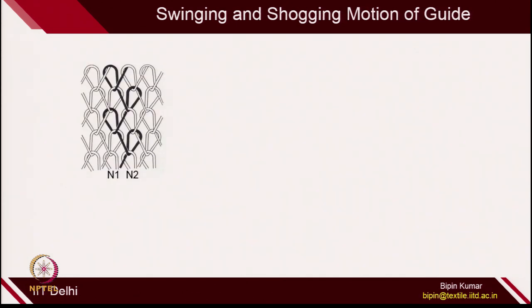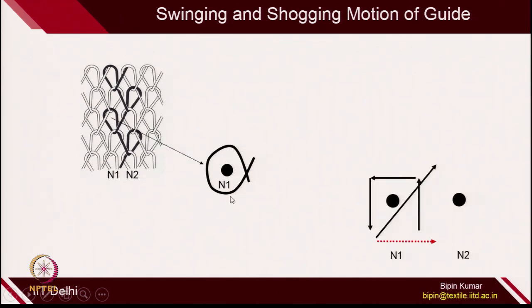So, for example, here if you see, the first needle is getting the yarn. It consists of overlap, two swinging motions and then underlap. After that, it has swinging, then overlap, and this is the underlap. After completion of the loop in one of the courses, it is moving to the second course, to needle number 2.